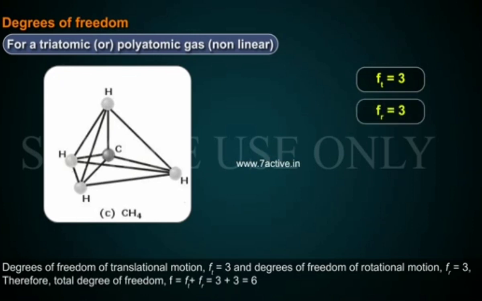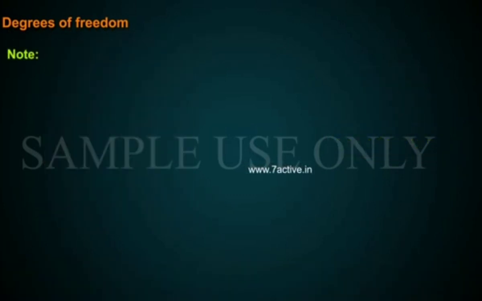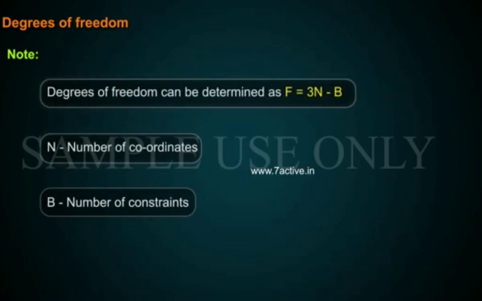Therefore, total degree of freedom F = Ft + Fr = 3 + 3 = 6. Note: in general, degrees of freedom can be determined as F = 3n - b, where n is the number of coordinates required to specify a thermodynamic system, and b is the number of constraints.